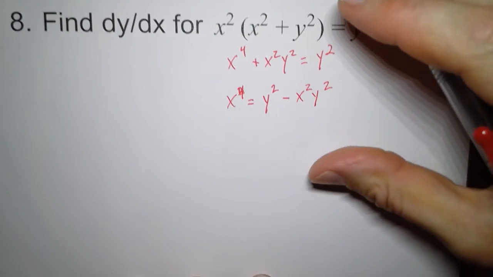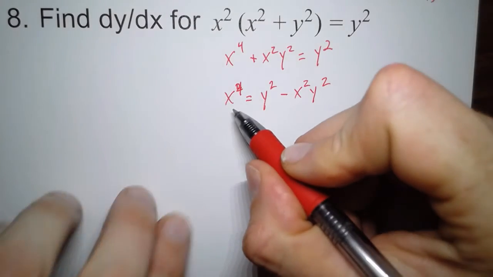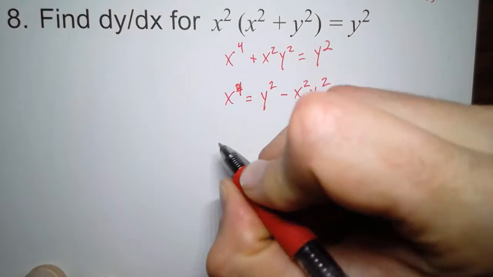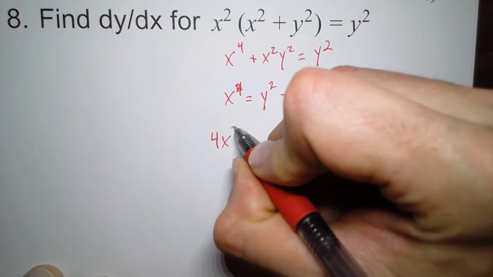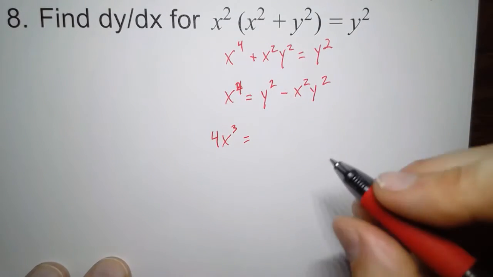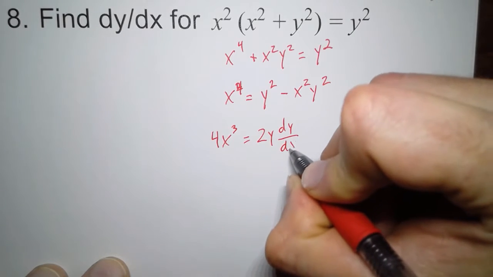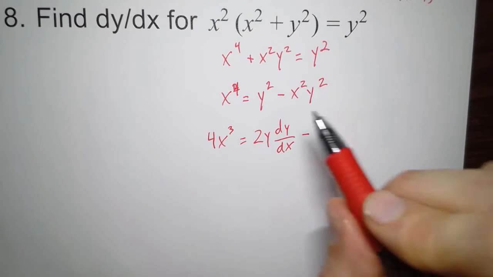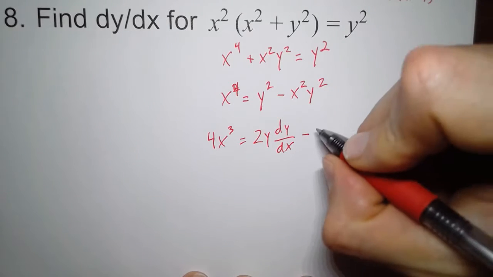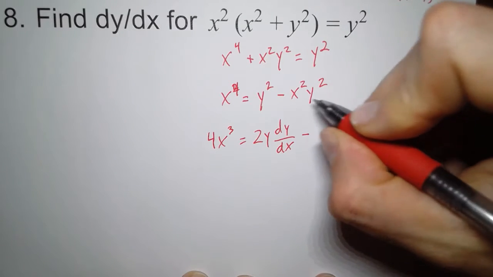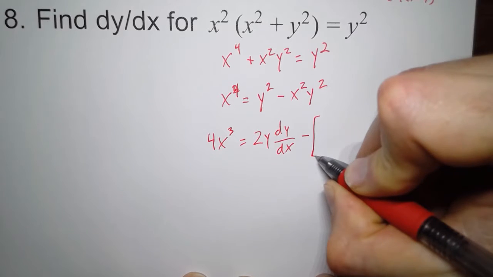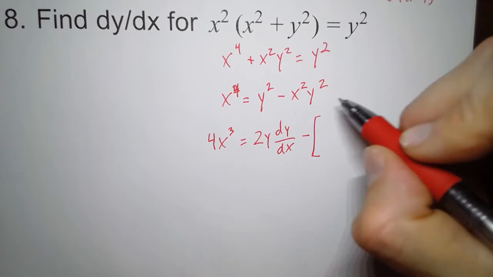So now I can take the derivative. The derivative on the left, derivative of x to the 4th is 4x cubed. The derivative of y squared is 2y dy/dx. Now here we have product rule again. Now remember that we're subtracting this, and a lot of people make the mistake of only subtracting the first part of product rule.